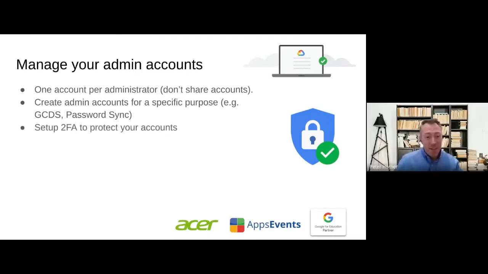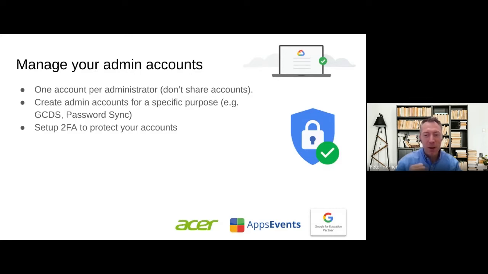Yeah, so I think this is the single most important way of protecting Google accounts, whether that's admin accounts or general staff accounts, and hopefully many of you are already using two-step verification to protect your accounts and your users' accounts. But if you're not, I'd recommend at the very least turning it on for your super admin accounts.